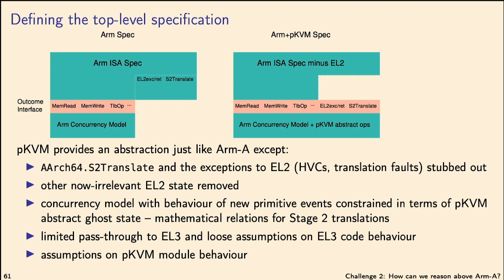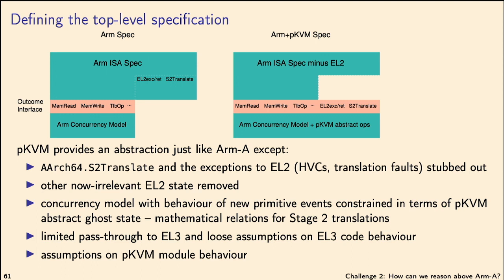Well, this hypervisor provides an abstraction to the arbitrary hosts and guests, which is more or less the same as the ARM abstraction. All the instructions, all the normal ARM concurrency, stage 1 address translation, all the system stuff that EL1 can do, all of that is just directly provided by the hypervisor to their clients.